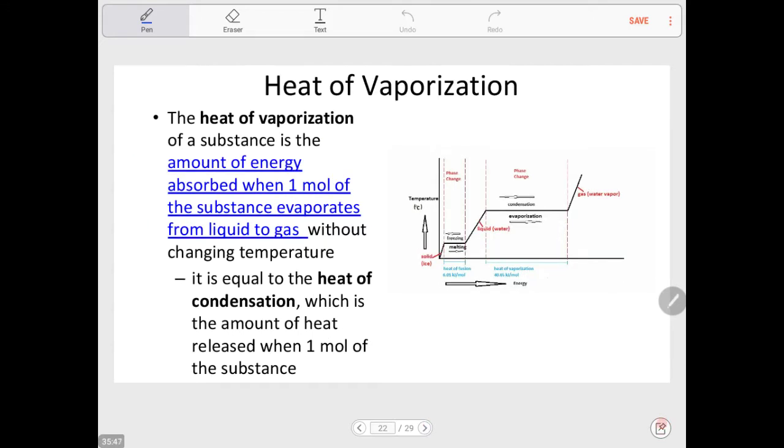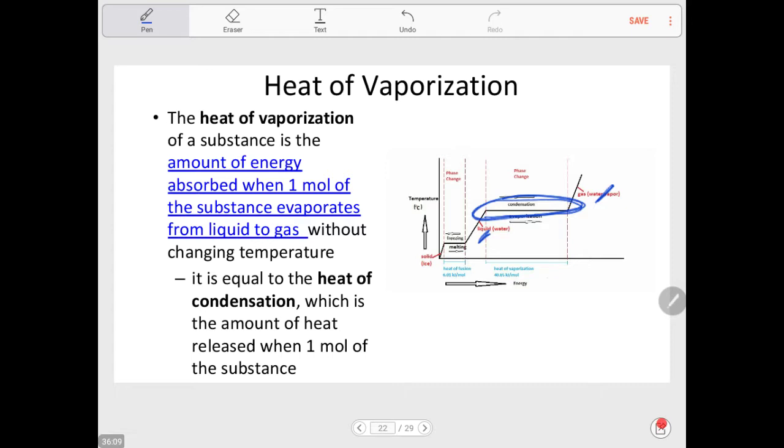Heat of vaporization, which you probably guessed, is this one. That is the energy when we are going between liquid and gas. So you have to think of that. Heat of vaporization is the amount of energy either absorbed or given off when we have the phase change between liquid and gas.